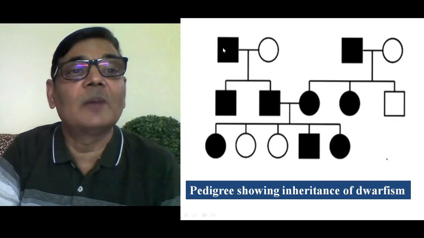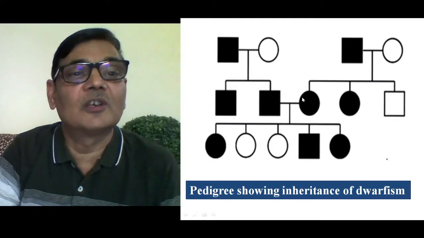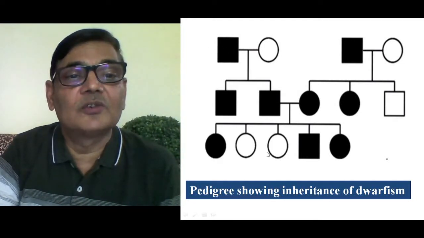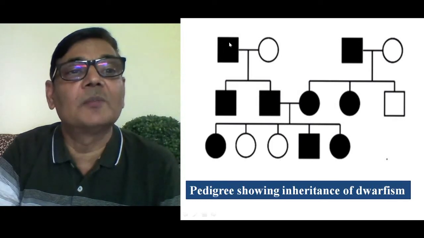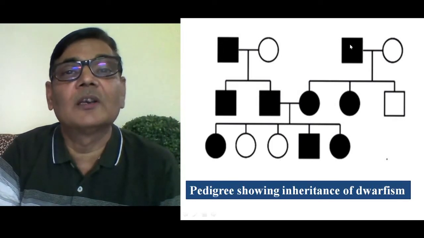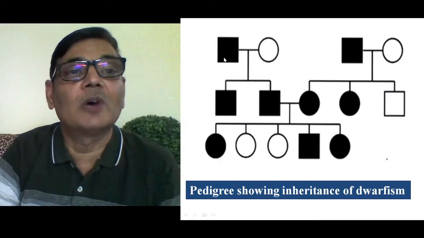This is happening here, because in this particular pedigree chart, you can see three generations. Generation 1, this is generation 2, and then this is the third generation. In all the three generations, we are observing the individual suffering from achondroplasia, this black color shows the presence of the trait. So these individuals are dwarf.